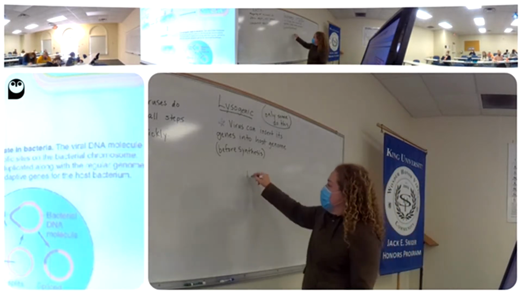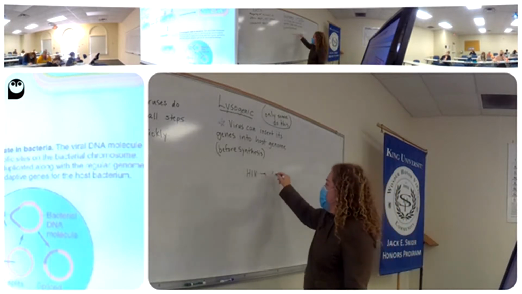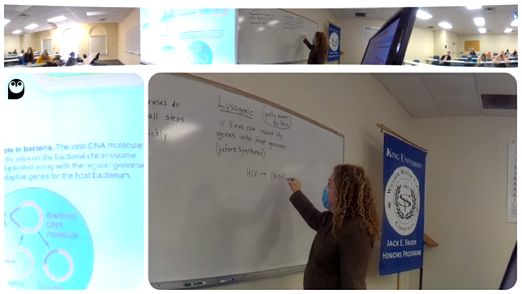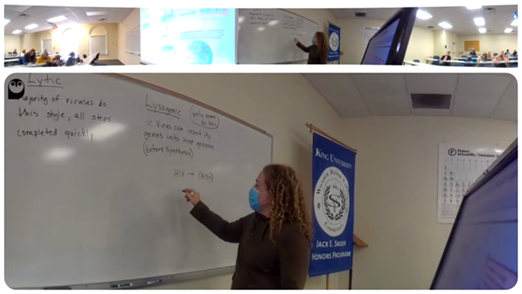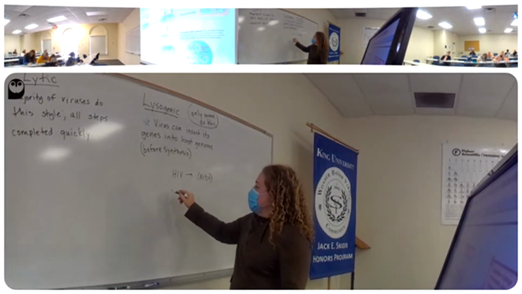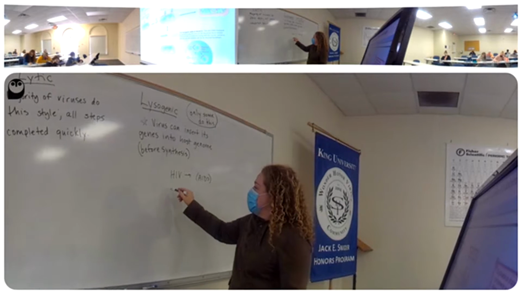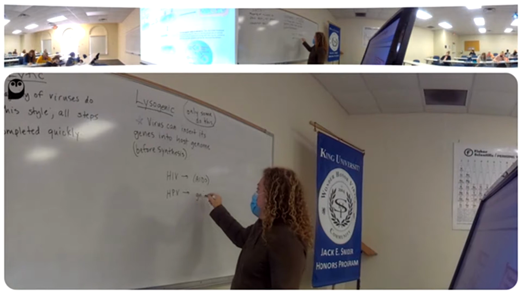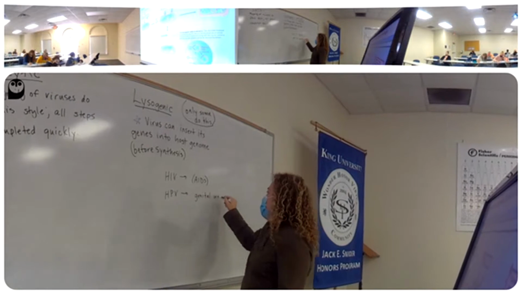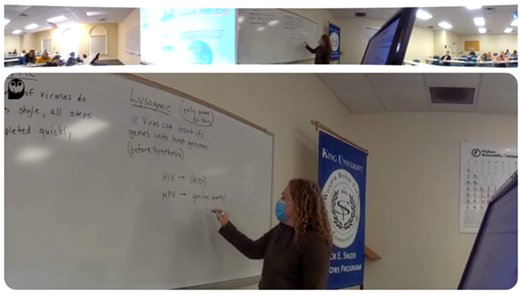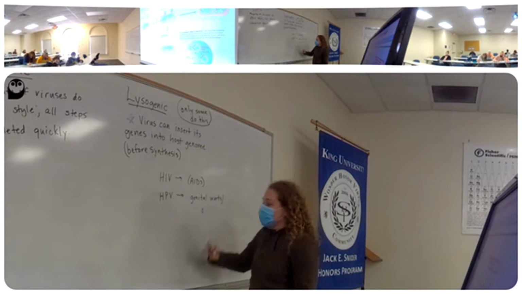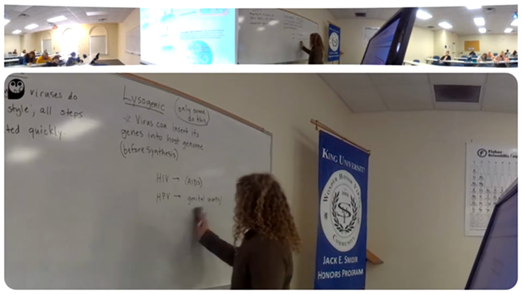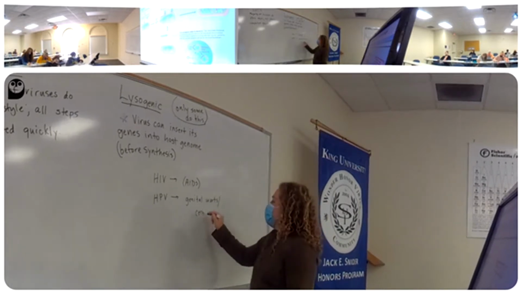Some of the viruses that do this are HIV, which causes AIDS, HPV, which causes genital warts and ovarian cancer. No, sorry, cervical cancer. Those aren't the same. Cervical cancer.